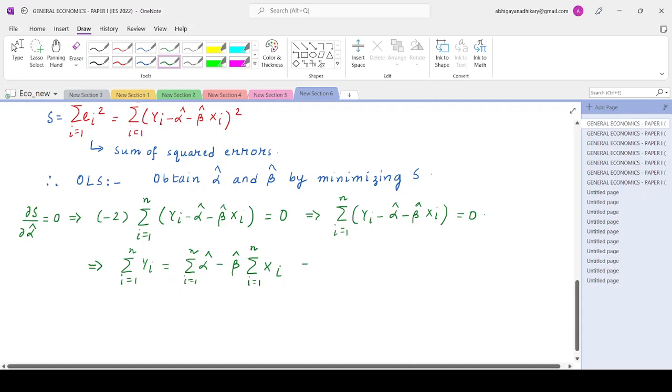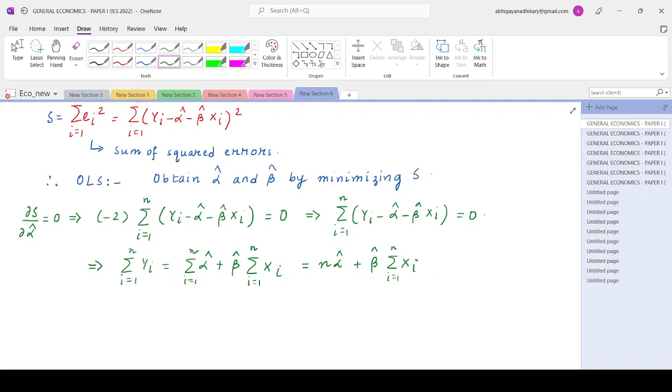This is what you get. And if you just go a step further, summation alpha hat will be simply n times alpha hat plus beta hat summation i running from 1 to n xi. This is what we get.